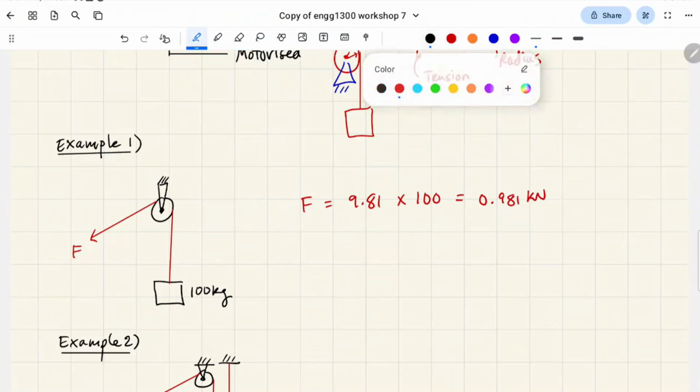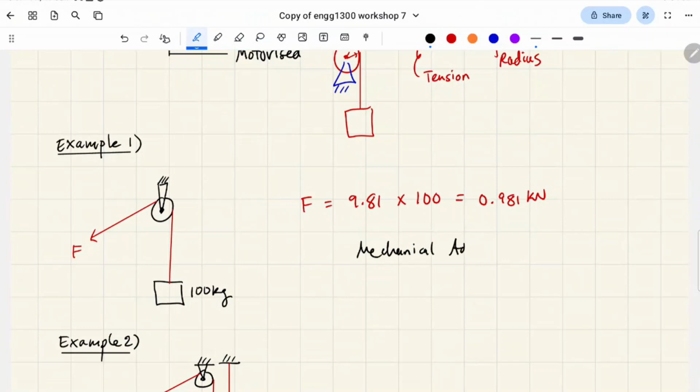And in this example, we have a mechanical advantage of only 1. So all the pulley is really doing here is you can redirect the angle which you're pulling this box, which might be convenient, but it's not generating any sort of mechanical advantage.